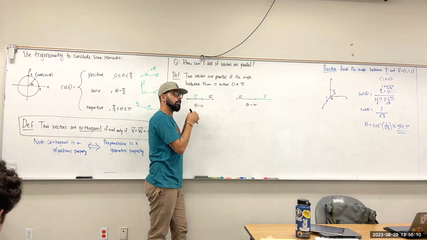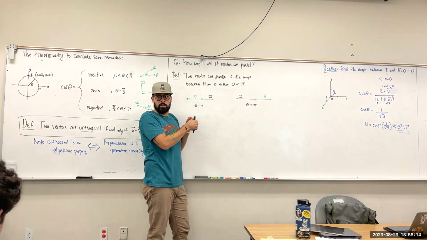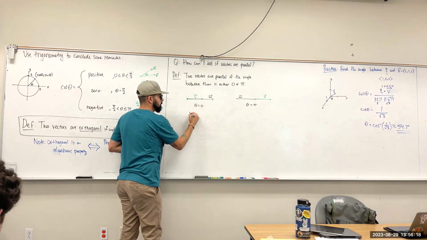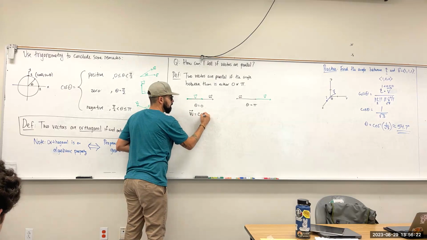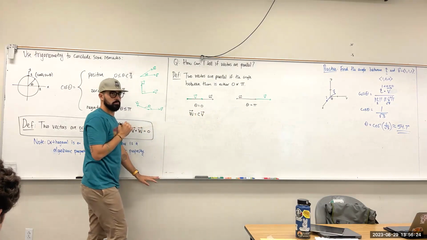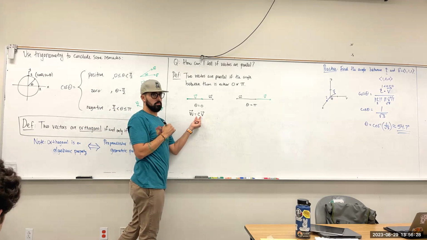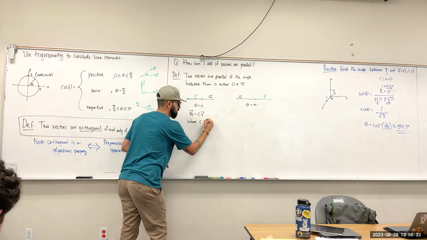What did we do to vectors that did that? We did scalar multiplication, right? That scaled the vectors. So in this case, W is just a scalar multiplication of C. But is C positive or negative? Positive, right? Where C is positive.